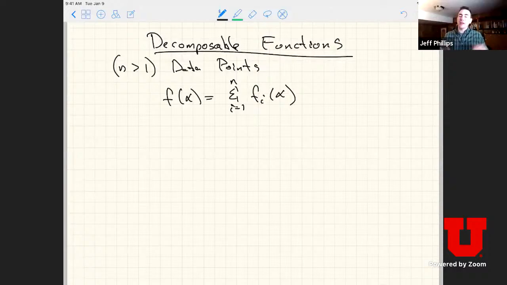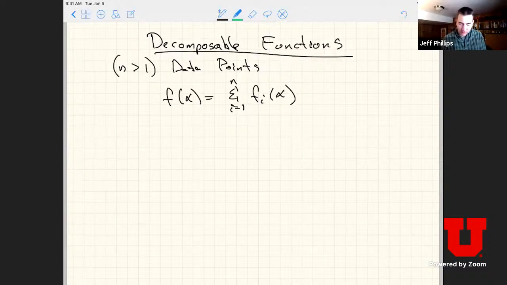When you're taking an average, you're taking a sum and then dividing by n, but dividing by n, the number of data points, is a constant factor. We can just ignore that, or push it into the f_i term. And again, you get back this decomposable function.